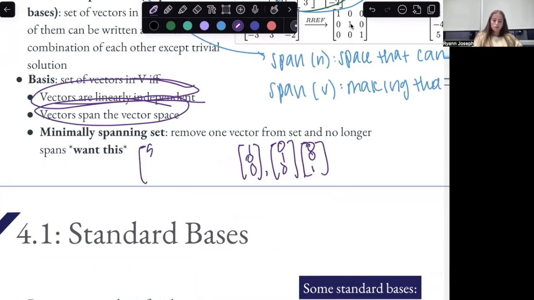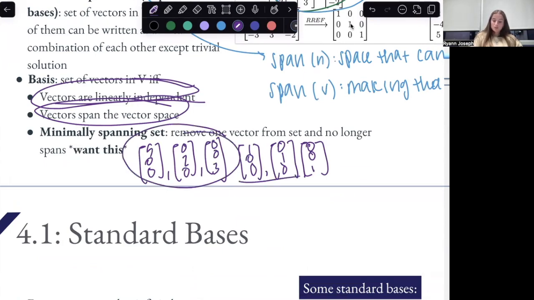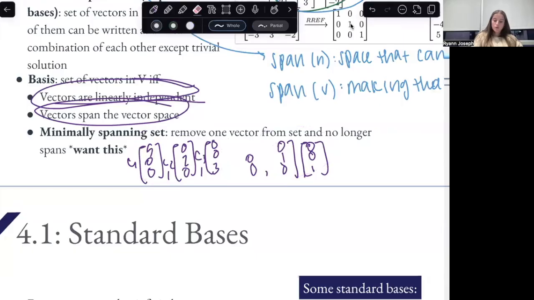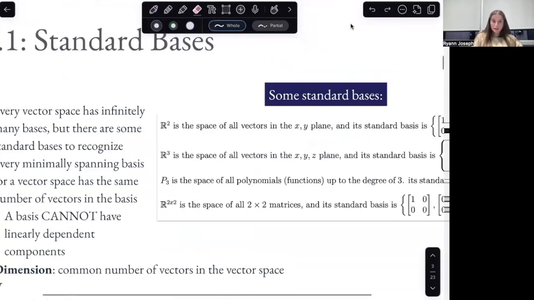But what if I made this a 5, this a 2, and this a 3? Technically, this set still generates the exact same space, because I can still scale these three vectors by three scalars however I need to. So there are infinitely many bases for a given vector space.